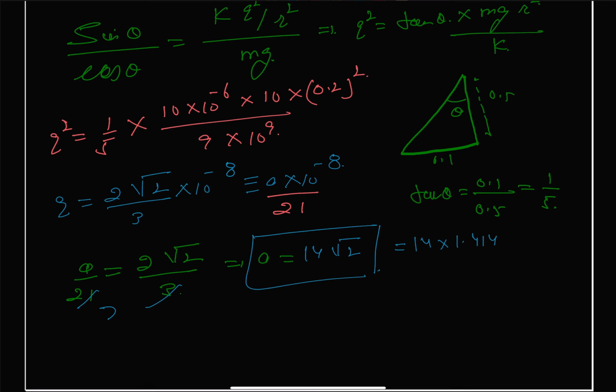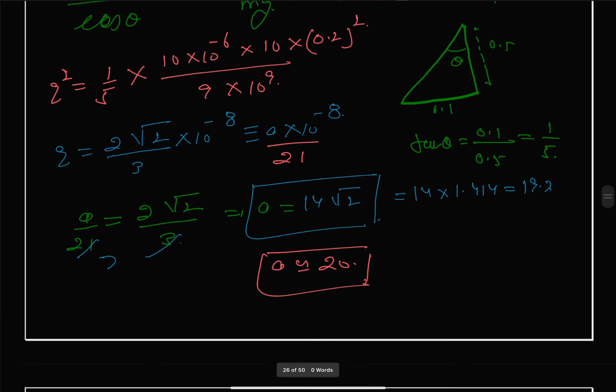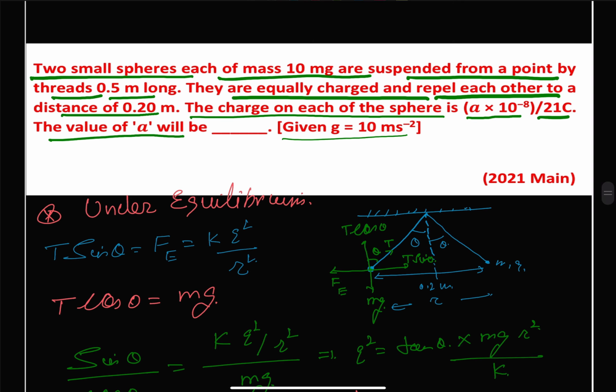Yes, and multiplying by 14, this will be coming as 19.7. So we can say our A is approximately equal to 20. So value of A is 20.